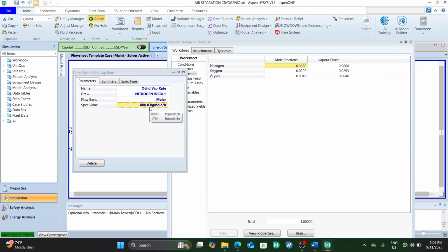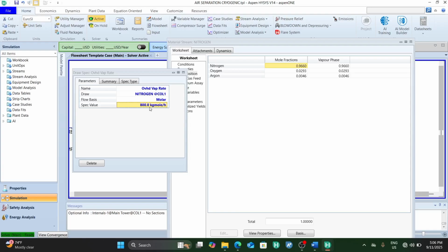We're currently having 96.6%. So we put that in, 0.9660 times 800. That's currently 772.8. We need to be around 781. That's our total. So let's see if we could just get ourselves there.